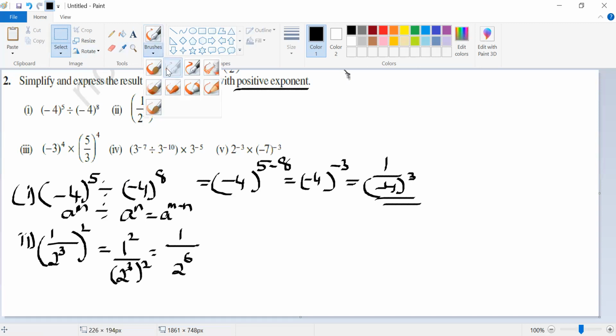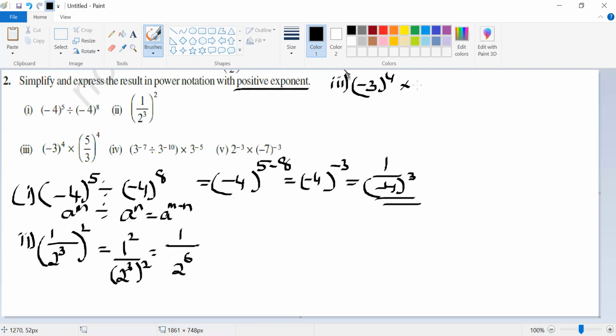Next, question number 3. Minus 3 raised to 4 into 5 by 3 raised to 4. So here the powers are same.